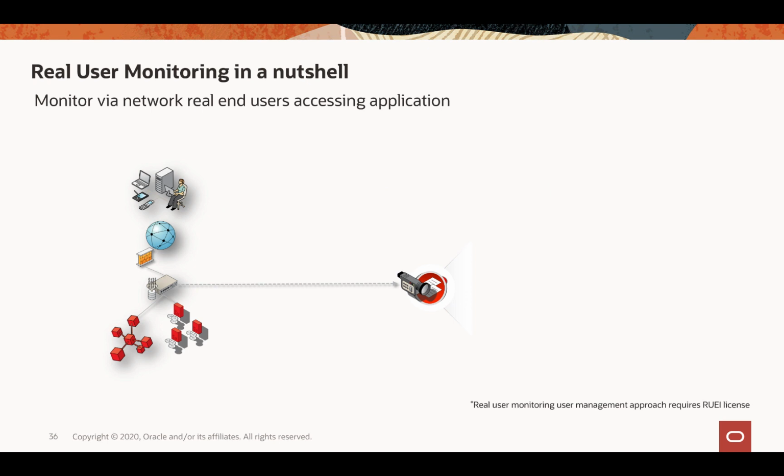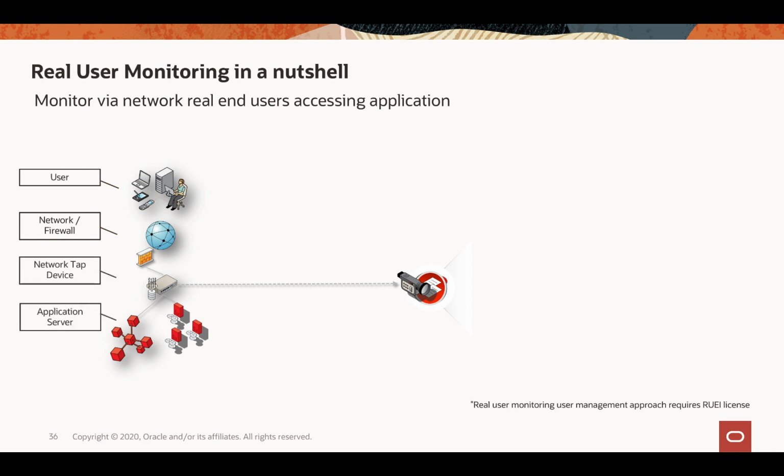This slide explains how RUEI works in a nutshell. What I have here on the left-hand side of the screen is my application. We have a real user on the top accessing the application through the internet or through the internal network, and that is the blue globe icon. Inside the network, there is a network tap device that we use for RUEI.